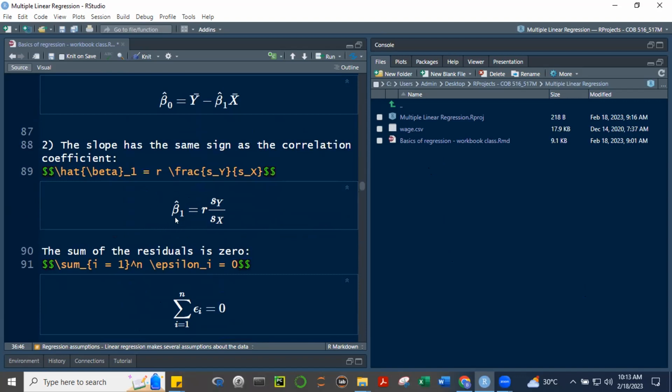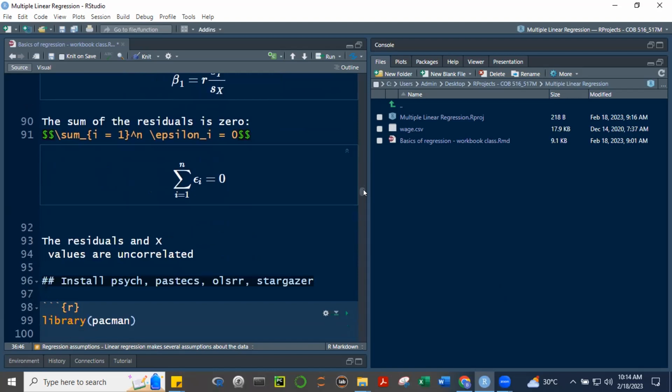This is the marginal impact of your independent variable on your dependent variable. Now, necessarily, si correlation coefficient will have the same sign as your slope coefficient. Kung si correlation positive, then the slope will be positive. If correlation is negative, then the slope will be negative. So it follows siya.